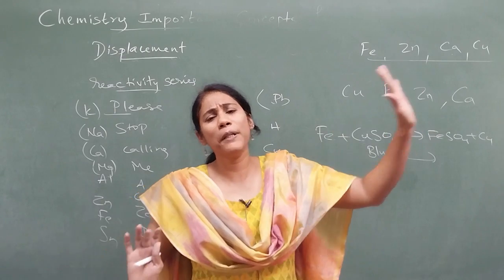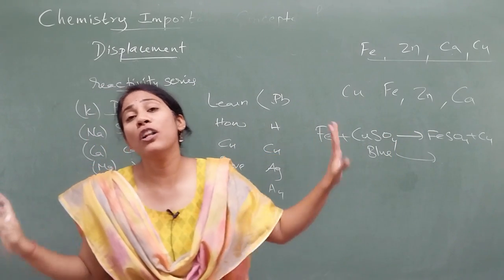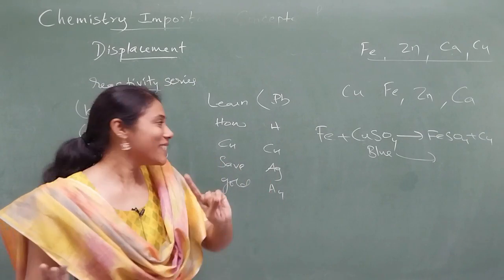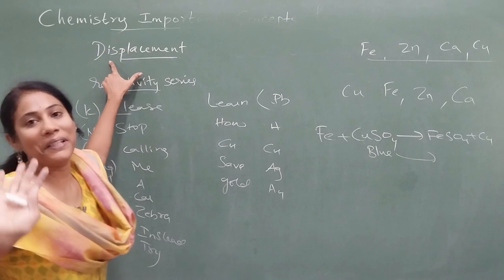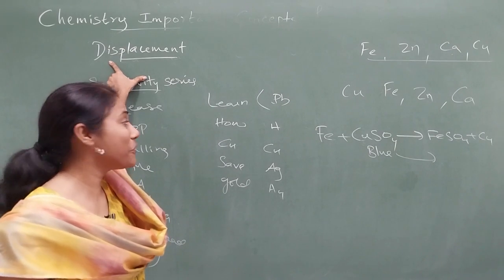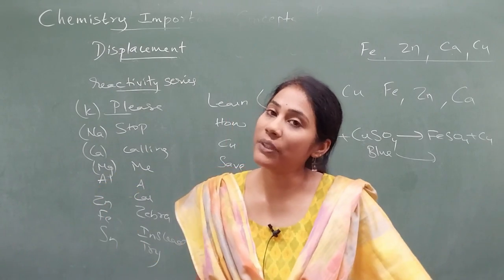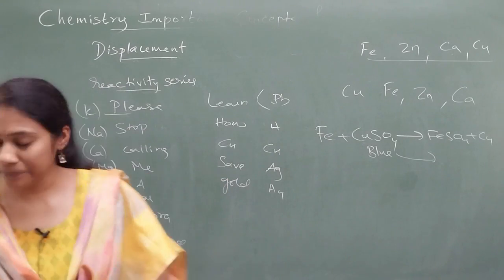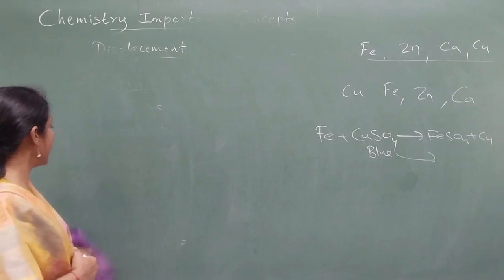This way a number of questions can be asked on displacement reaction, and for all those varieties of questions, just write the answer: displacement reaction happens. Okay, got to know? So this is one of the very, very important concepts that you need to know.